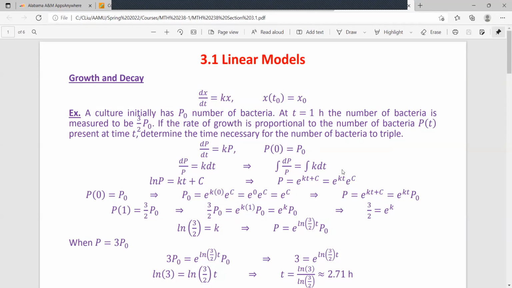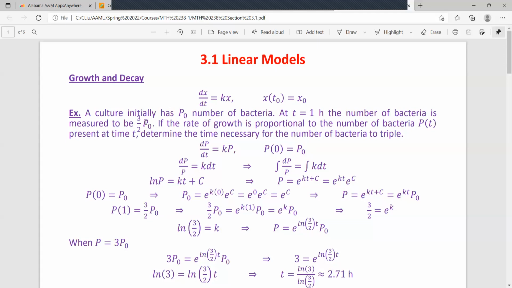So let's do some examples. A culture initially has P0 number of bacteria. So we're talking about bacteria growth, or population, if you want. At t equal to 1 hour, the number of bacteria is measured to be 3/2 P0.